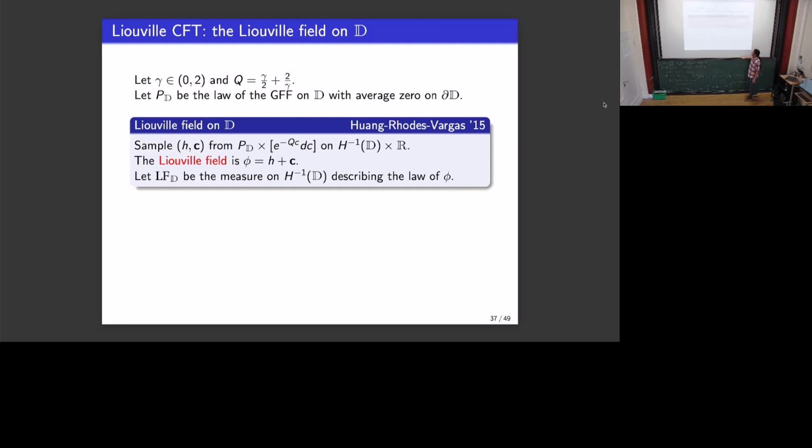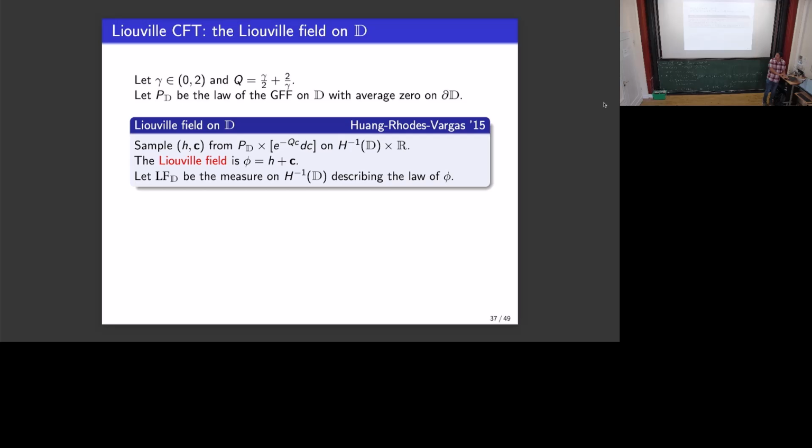And so this product measure P_D times this measure, you look at the field phi, which is h plus c. And that's going to be what we call the Liouville field. And we use this notation LF sub D to be the law of the Liouville field. So it's just a Gaussian free field plus a constant from this e to the minus qc dc.